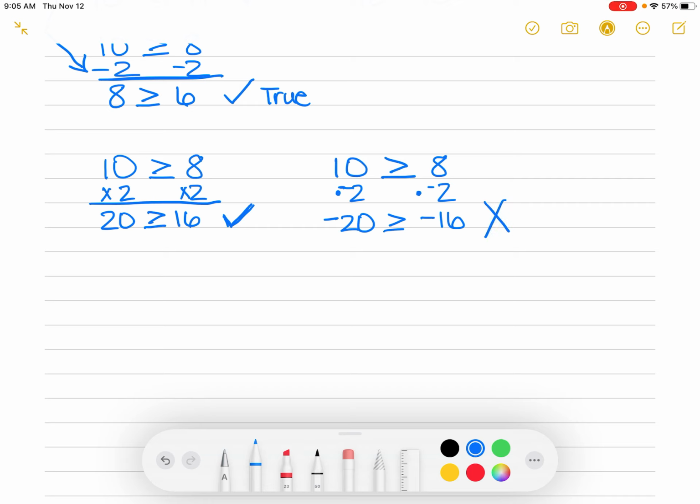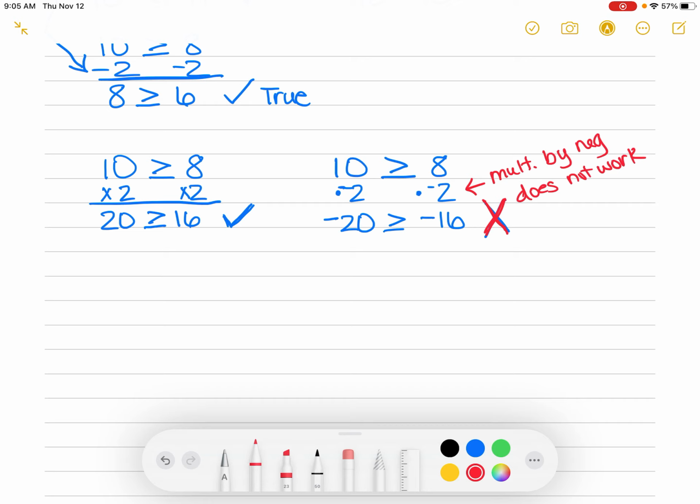No, it is not true. So what are we going to do now that we know that multiplying by a negative does not work? I can't just multiply by a negative and have it be a true statement, because it's not a true statement anymore.